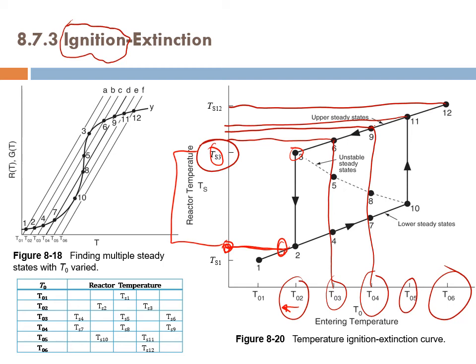inside the reactor. And what did I do? I just simply extincted the reactor. Extinction took place. Okay, so a sudden drop in the steady state temperature inside the reactor. Of course, during the transient time, the temperature is decreasing from TS2 to lower and lower and lower, and it's not stopping until it reaches the new steady state here.